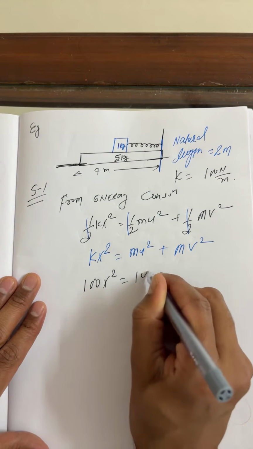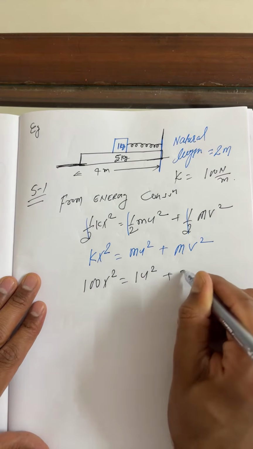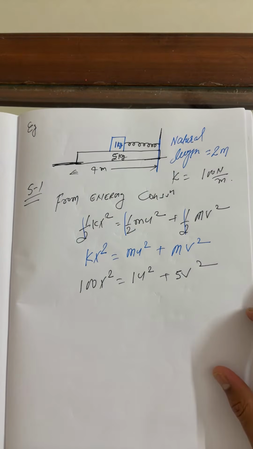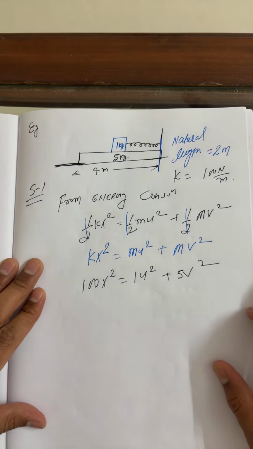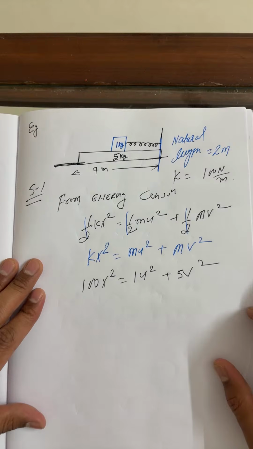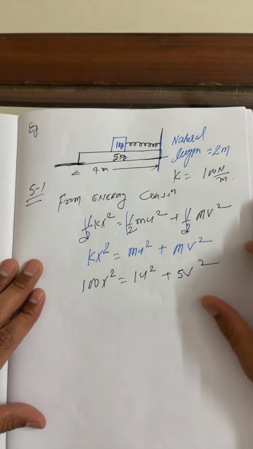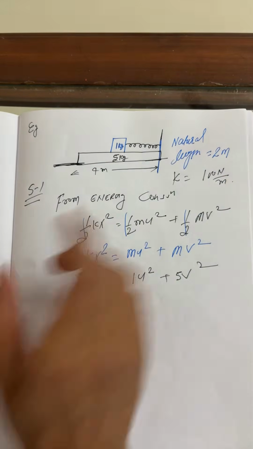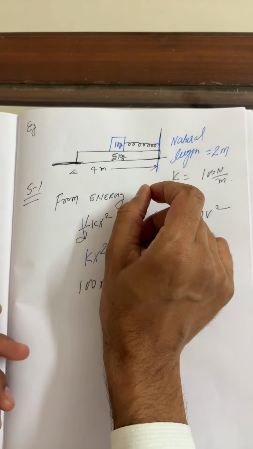Mass of the block is 1, so u square, plus 5 into v square. For x, initially they compressed how much?